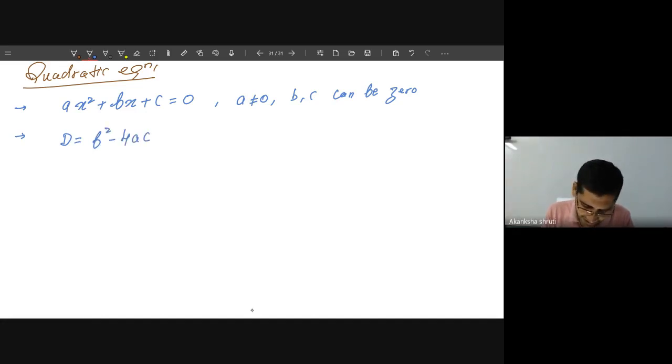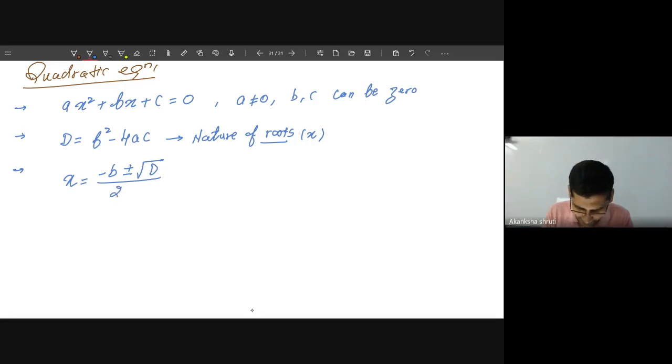This way we can get the nature of roots, whether they are real or non-real, and the value of the roots, meaning the x values. This is given by minus b, once plus and another time minus, under root of d, by 2a.